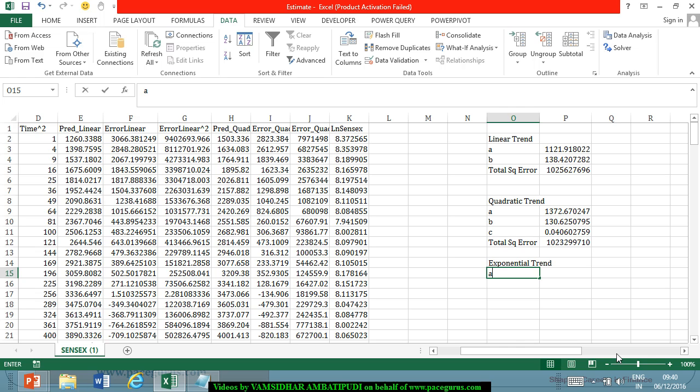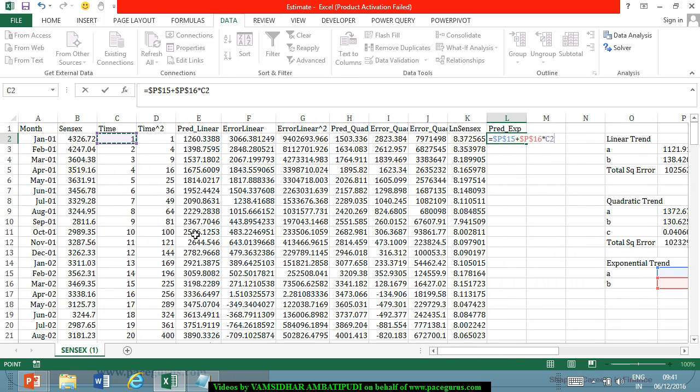Because I am taking only two variables out here, a and b, or beta naught and beta 1, whatever it is, I could again take some 10 as this and 1 as this. I'll take a predicted value. So I am saying predict underscore exponential, where I am putting it as a plus b times the time. The time is this one.